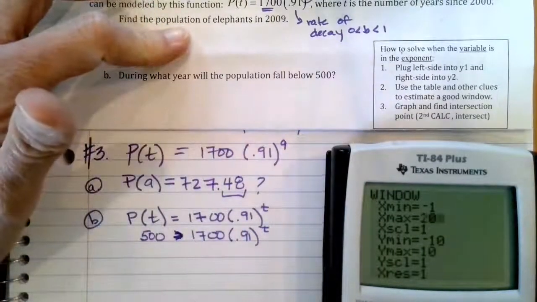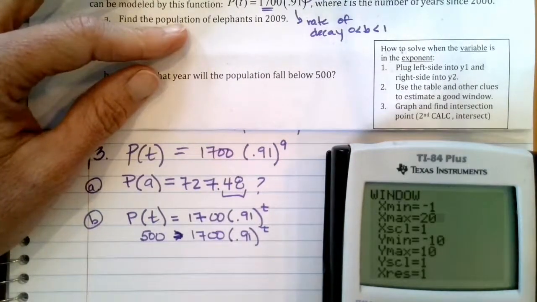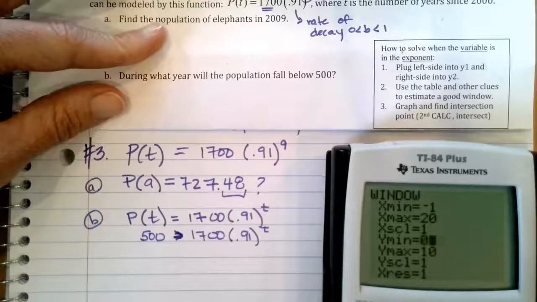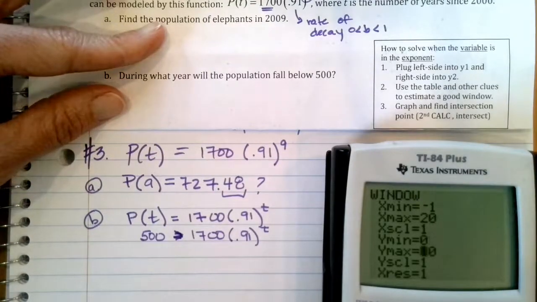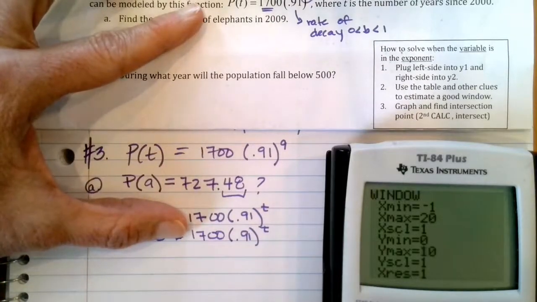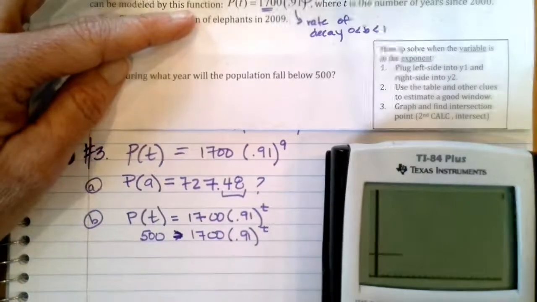I don't know how many years it will take to get below, so we'll just make the maximum 20. Our y minimum is not going to go below 0, but for our maximum, I know I start off with 1,700 elephants, so I'm going to go up to 2,000. Let's go ahead and see.